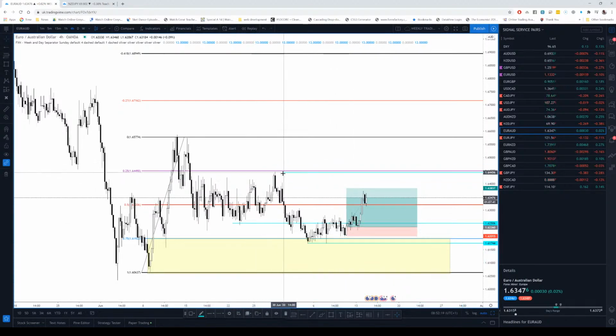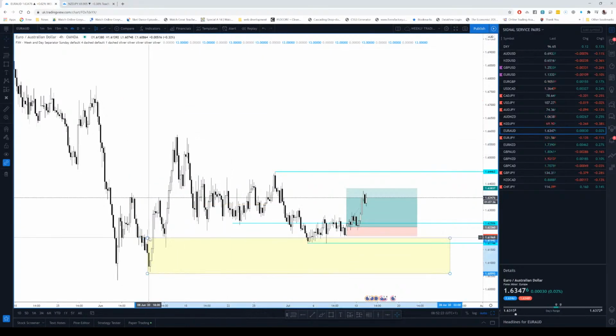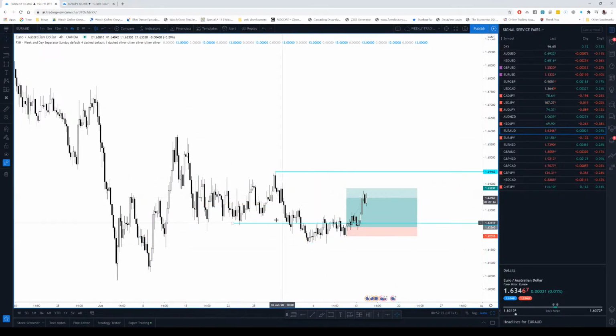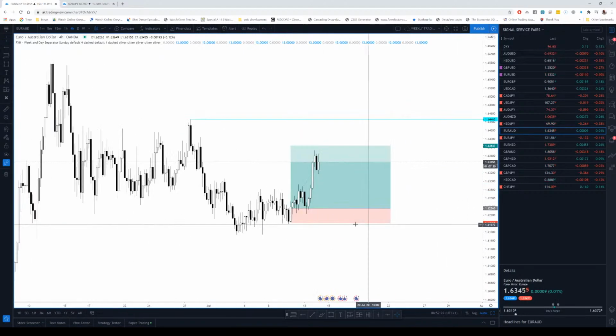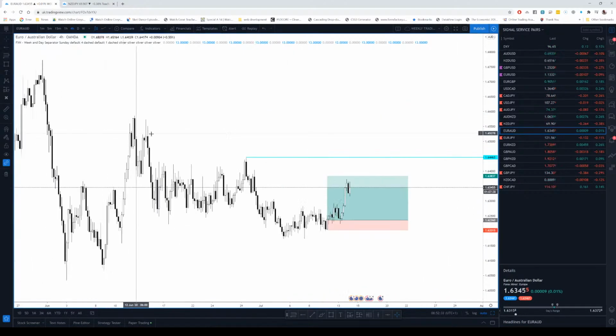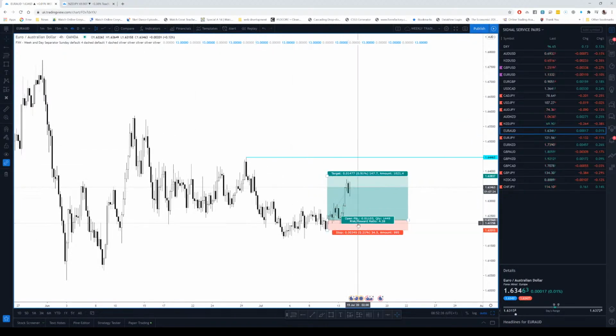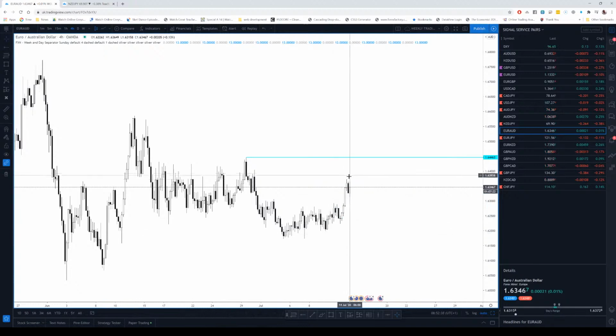So the next target, we should be looking for buys. If you look at all this mess, this is the first time we've got a very clean push to the upside without wicks. If you look from June, apart from this rally, we've not had any clean push to the upside.